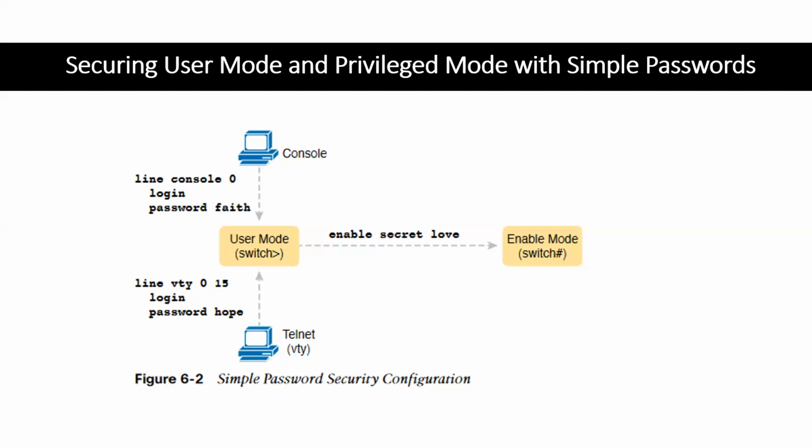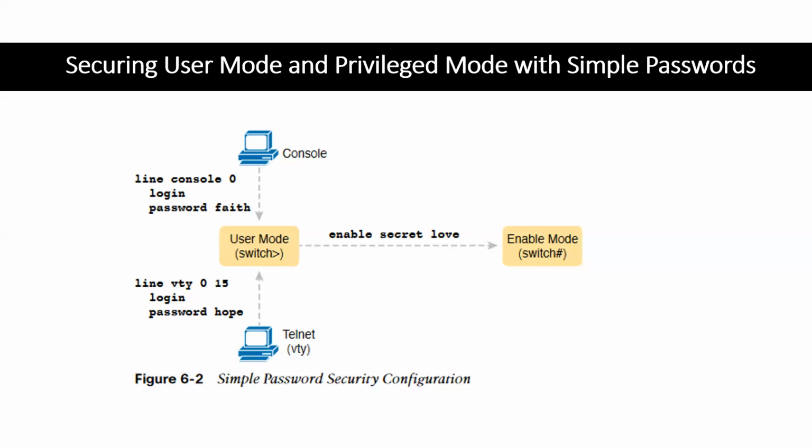Okay, so either way, if both people, Nelson and Ryan, access the device, they put in their respective passwords, either using layer 1, the console cable, or layer 3, the VTY lines, and they will be brought into user mode. Now, what's going to happen if they're trying to get to privilege mode?